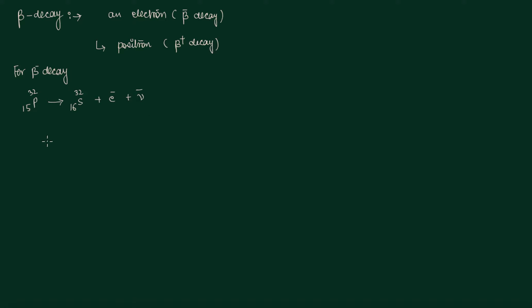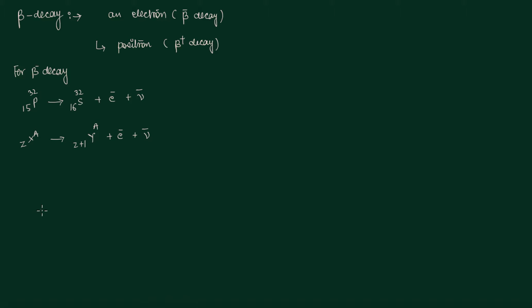So the general form of this beta minus decay is ZXA, and it will go to Z plus 1, A, plus electron emission plus an antineutrino, right?